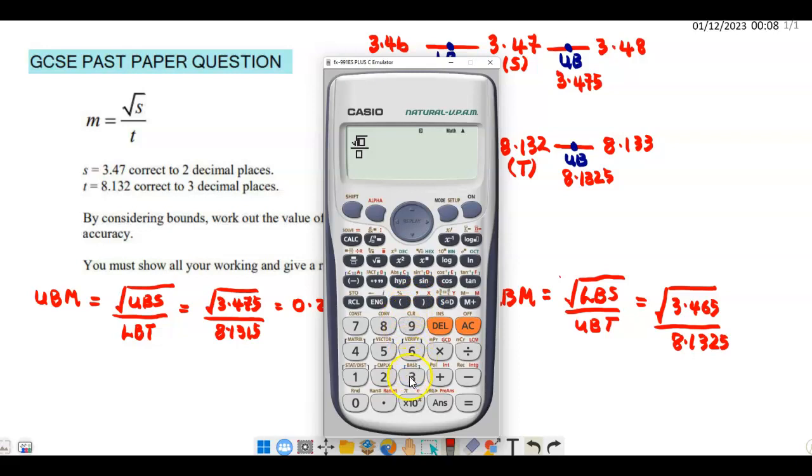So we have the root of 3.465 over 8.1325, so we get 0.2288. So let's write that.